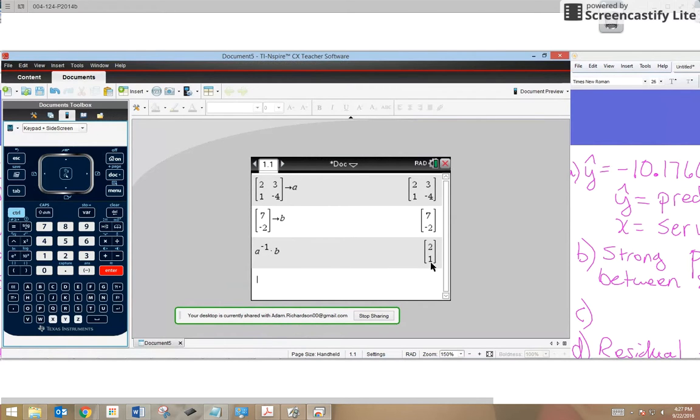Okay, so you see solutions of 2, 1. X is going to be your top value, and Y is your bottom value. And so the solution here is 2, 1.